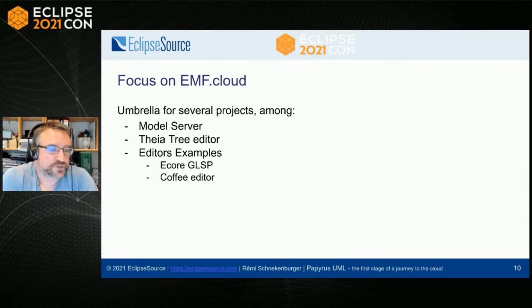Among the other projects, you can also find the Theia tree editor, which is an implementation of a tree that can be easily integrated into Theia. And it allows you to build data-centric editors in a tree form within Eclipse Theia. And you can also find two other editor examples that are based on GLSP.